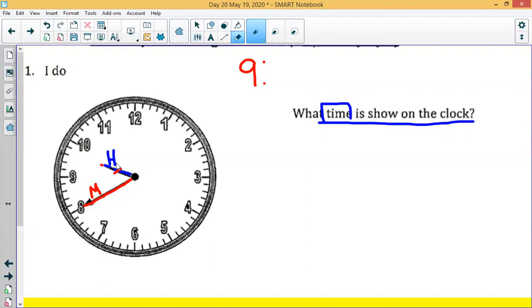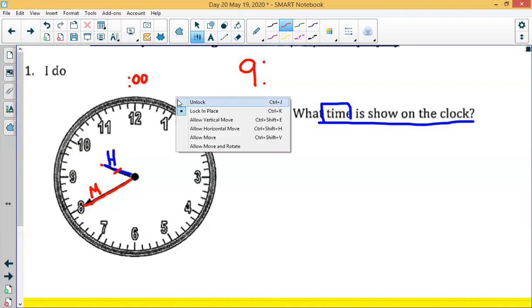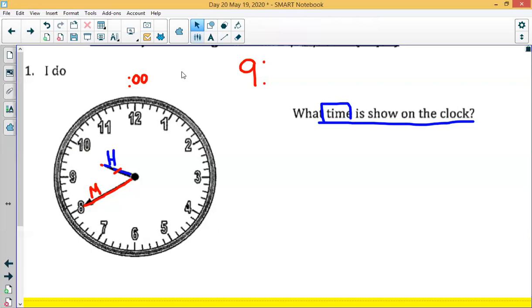Okay, now let's look at our minute hand. The minute hand is on the 8. Okay, so remember, let's label. Above the 12 would be your 2 zeros. Above your 1, remember they're in increments of 5, would be 5.